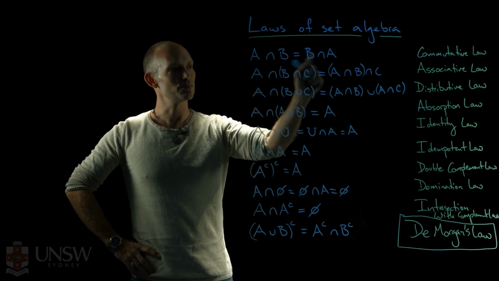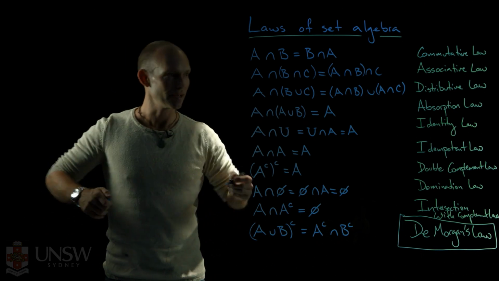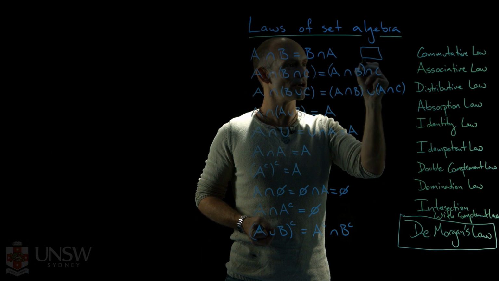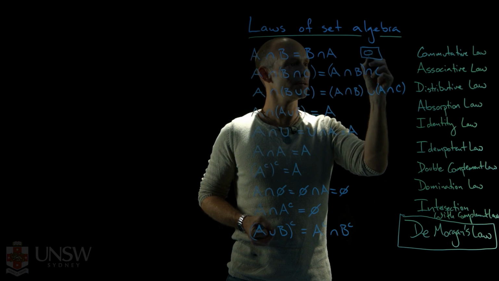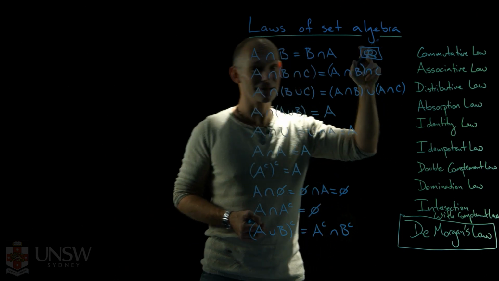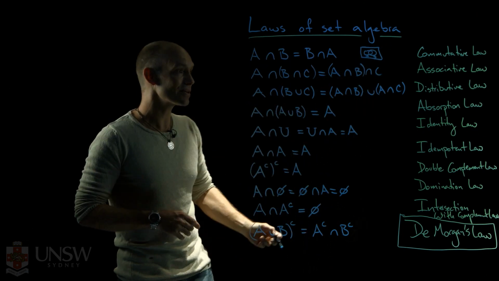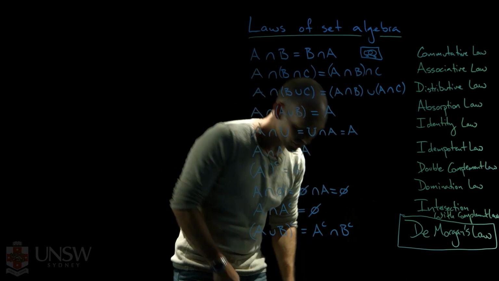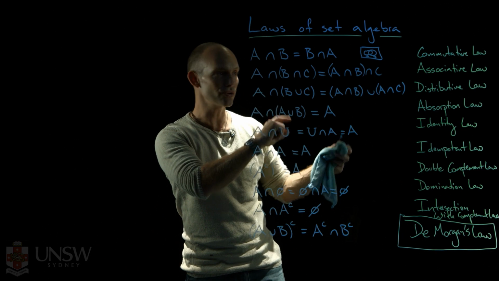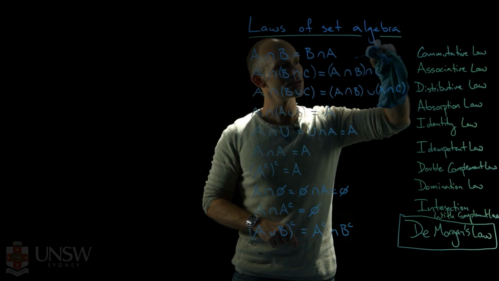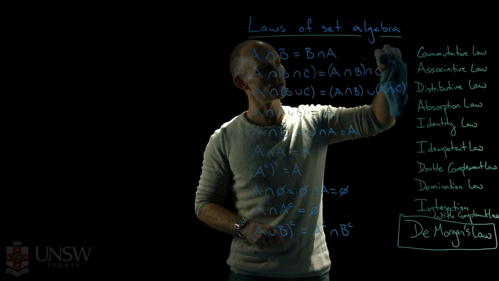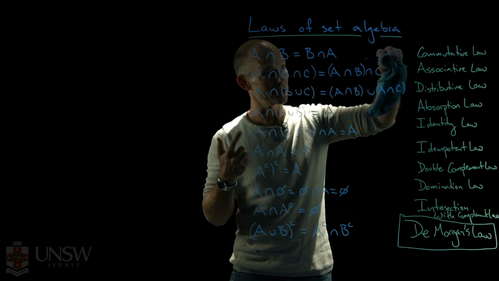So A intersect B is also B intersect A, and of course, if you want to show a little diagram of it, you could draw a tiny little picture where we have A and B and C. Yep, it's so tiny that not even I can read it at that distance, and you probably can't see it at all, but you can show just drawing little pictures, little Venn diagrams, and of course that must be true. And that might convince you that this is a valid result, and we could call it a law if we wanted to, as we do here.